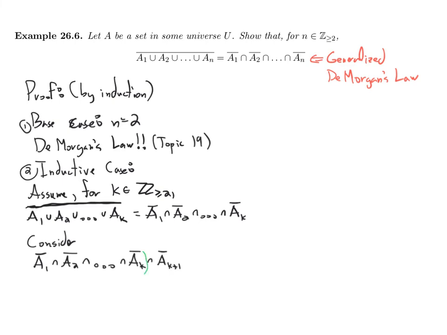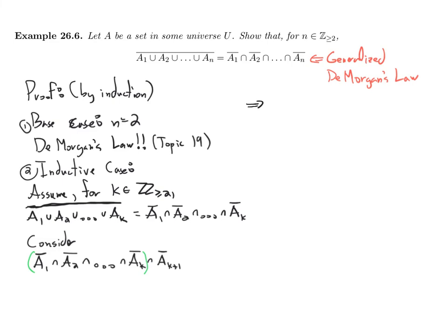well, now I can just say that this equals A1 union A2 all the way to union AK, complement of the whole thing. So this is where I can use my inductive hypothesis. So let's go ahead and do that.